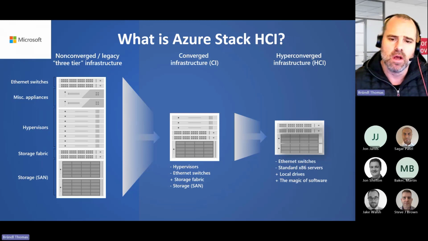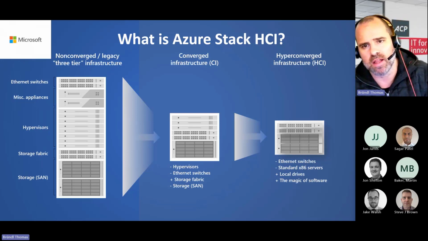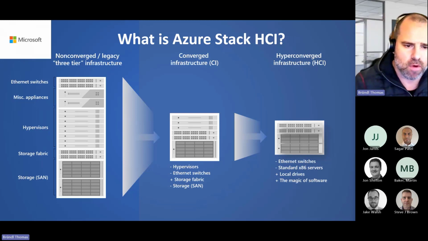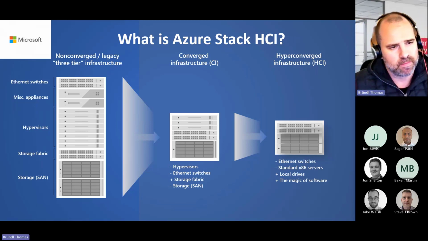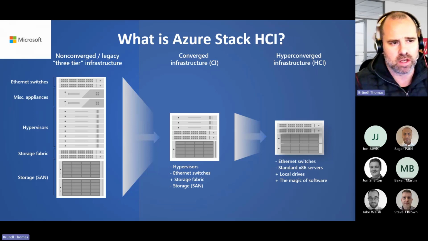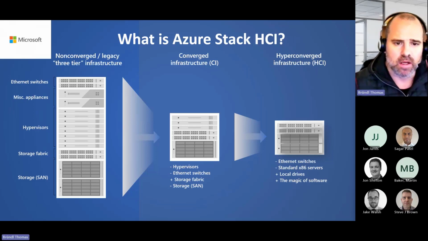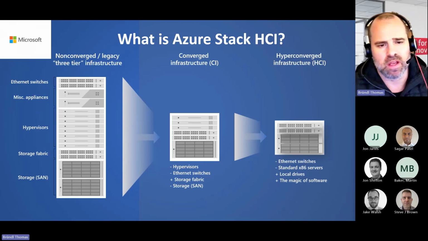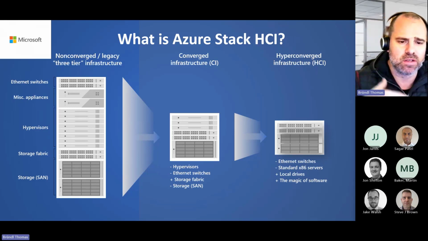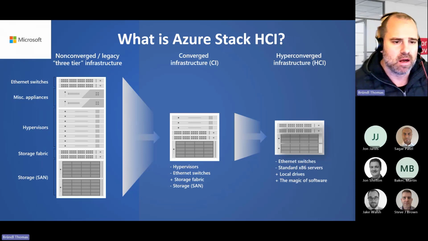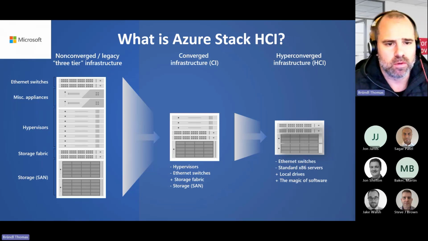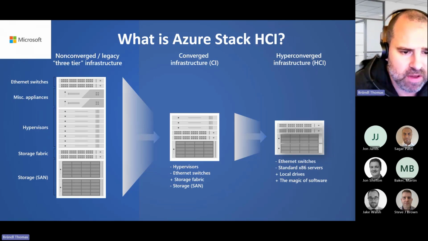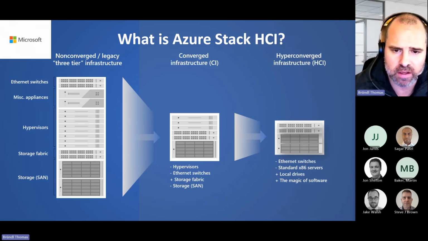The journey goes to converged infrastructure and hyperconverged infrastructure. Converged means that you eliminate some parts of the non-converged legacy infrastructure. As you can see, you don't have additional switches because they are converged into one switch, and you don't have the misc appliances. They are integrated in the Hyper-V hypervisors.